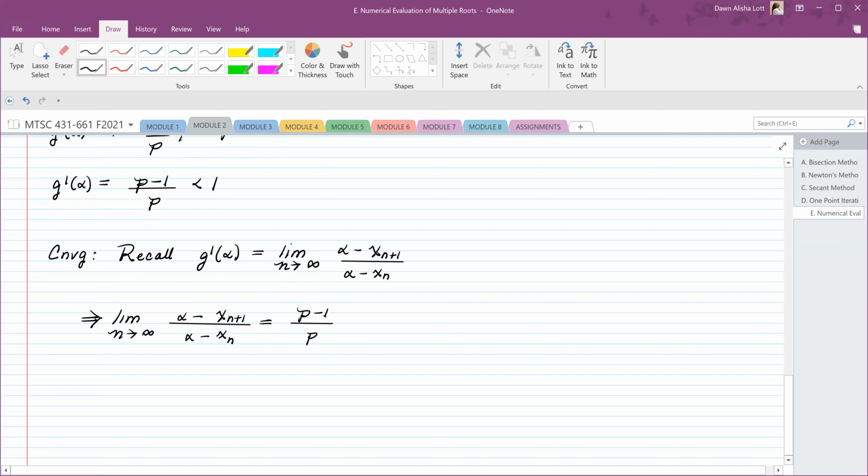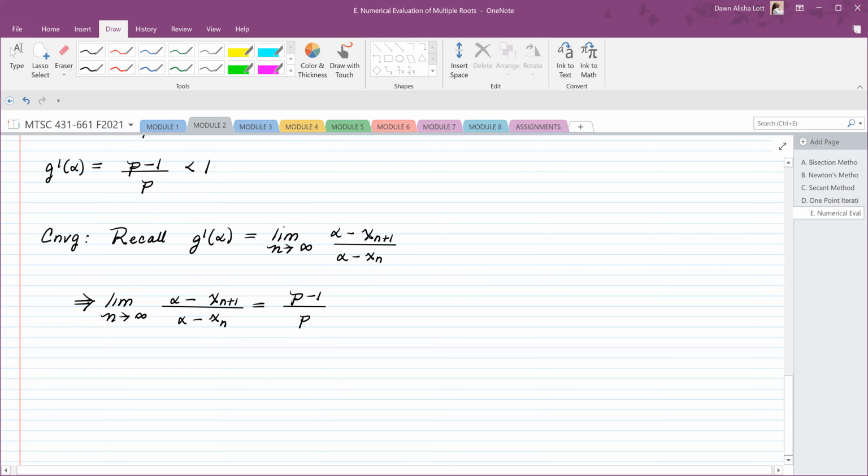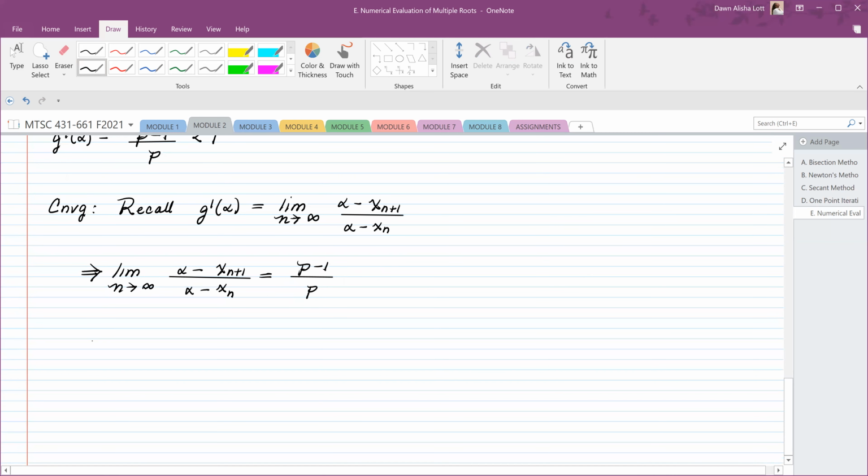So now we get the limit as n approaches infinity. So now I'm going to rewrite this as alpha minus x_{n+1} is equal to (p minus 1) over p times (alpha minus x_n).